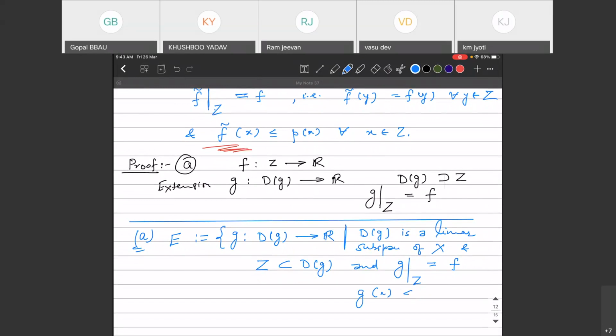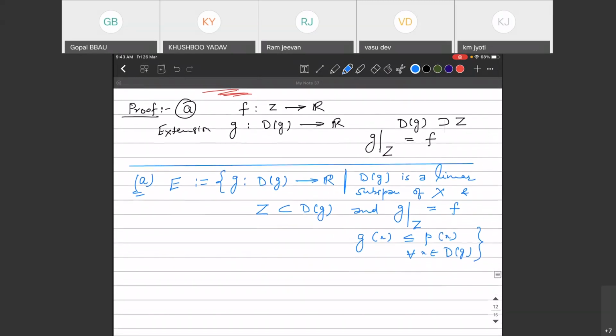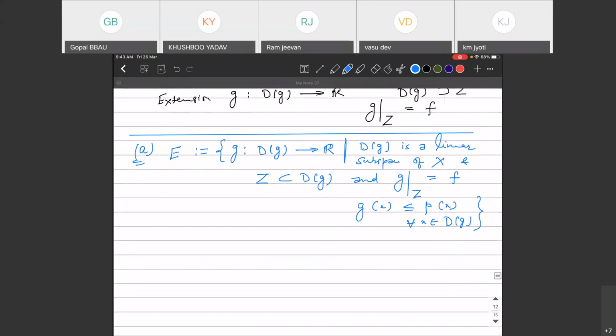G of X is less than or equal to P of X, and this is true for all X in the domain of G. So this is our set E. This means E is the set of all extensions of F which satisfies this relation, G(x) is less than or equal to P(x).